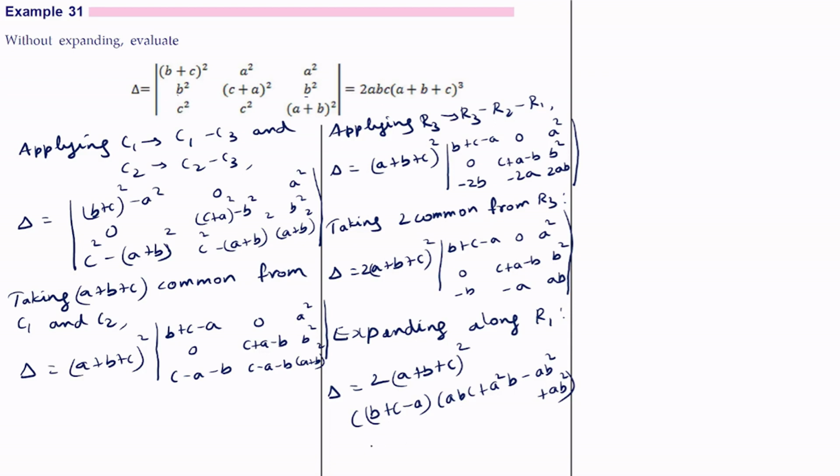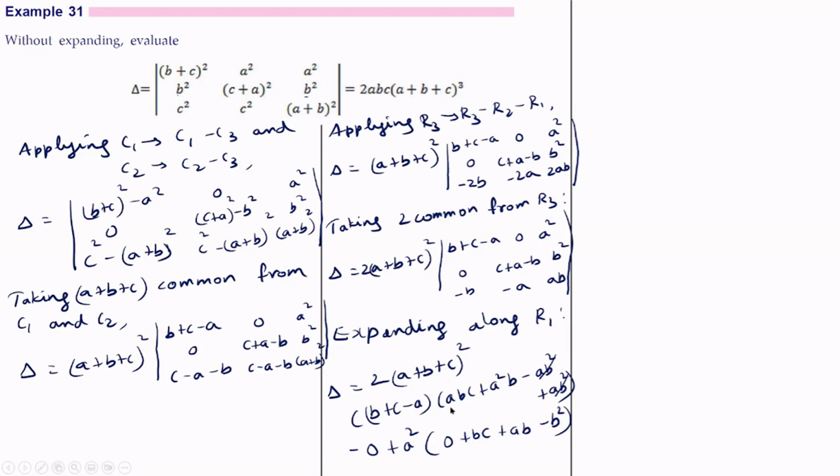Then we have minus 0 plus a square into 0. This is 0 into minus a is 0. Then plus b into c plus a minus b. So it is plus bc plus ab minus b square. So here minus ab square and plus ab square will get cancelled.